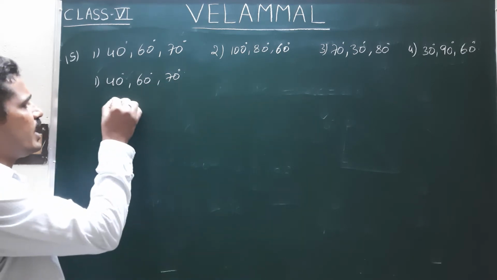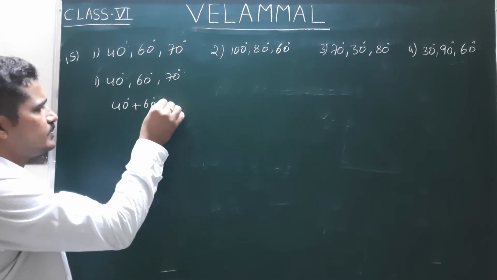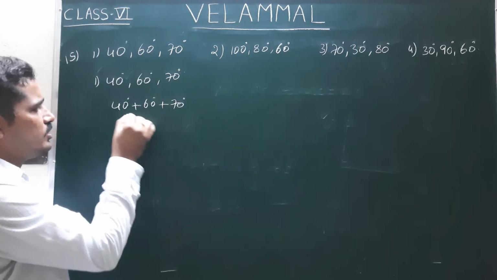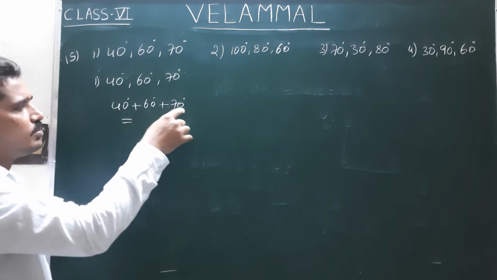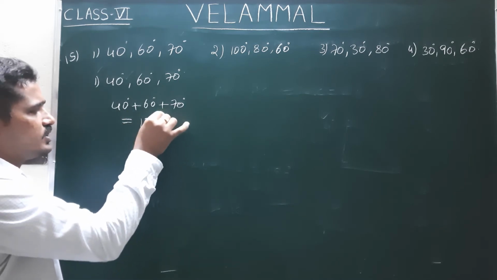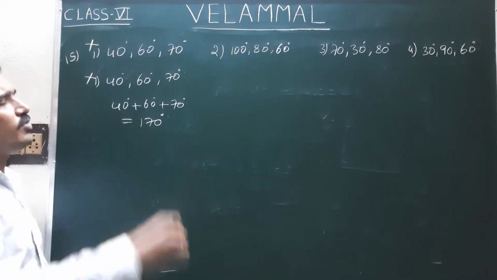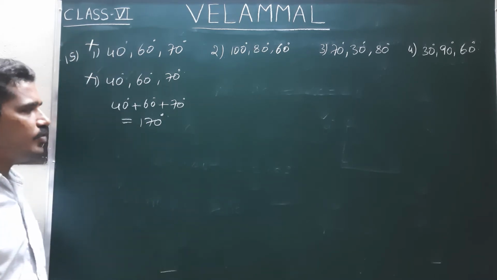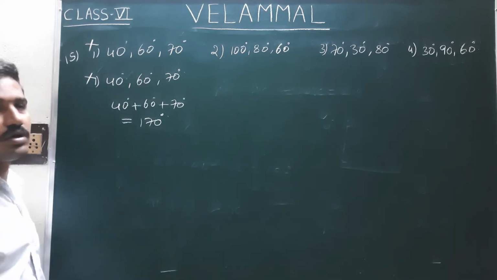So we add 40 degrees plus 60 degrees plus 70 degrees. 40 plus 60 is 100, 100 plus 70 is equal to 170. So the first option will not form a triangle. Why? The angle sum is not 180, so the first option is not correct.